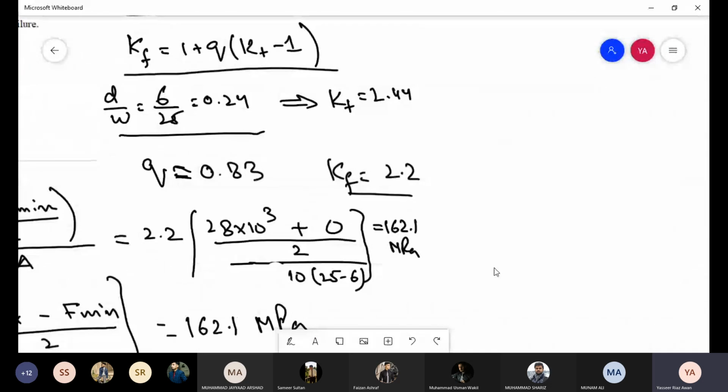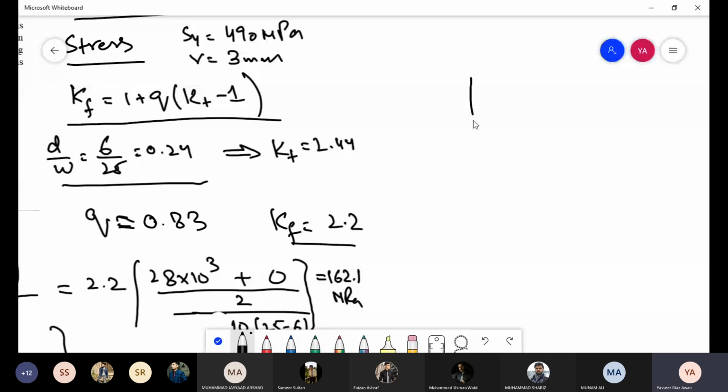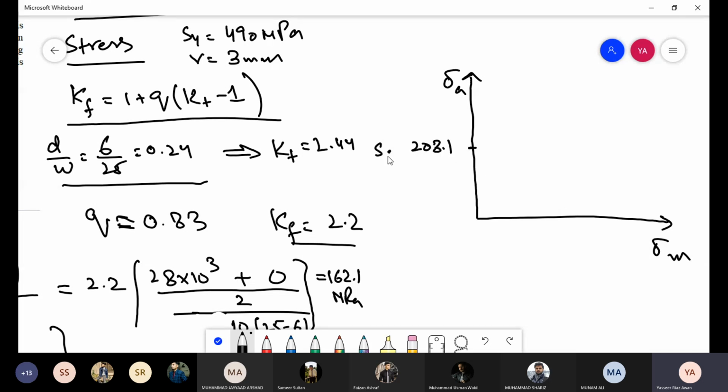So for this case, we have this Se 208.6 and Sut about 590. So check whether our combination of sigma a and sigma m lies in this region or outside this region.